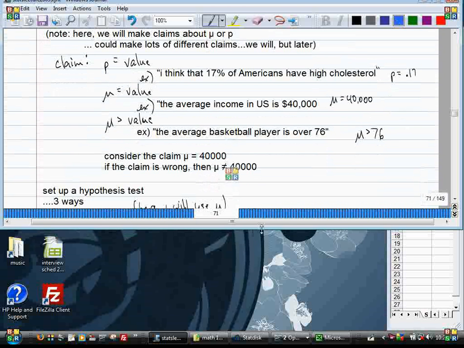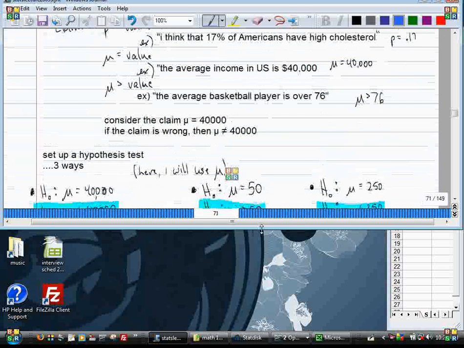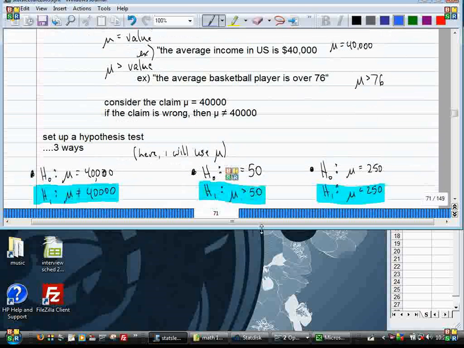So as you should be able to infer from this, there are three different sorts of hypothesis tests. And for writing these out, I'm going to use mu. Again, as you know, you can also use p. So the first way to write down a claim is we could say mu equals 40,000, and the opposite of that would be mu is not equal to 40,000.